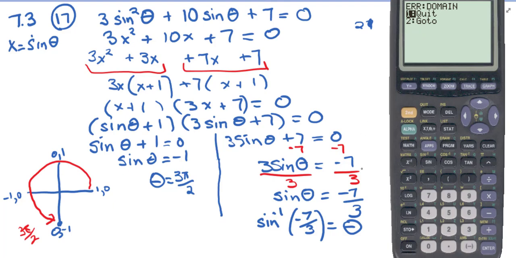So I am not going to get an answer for this one. It is outside the domain. So the only answer I get for theta is 3 pi over 2.